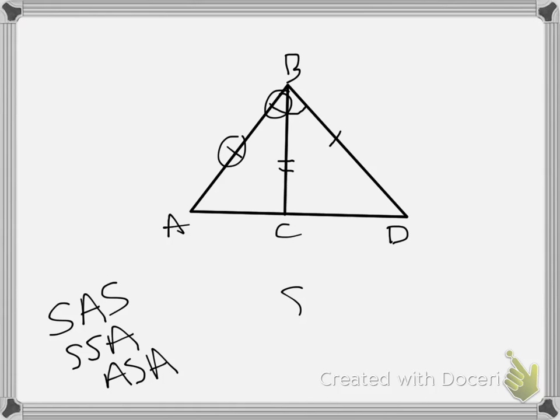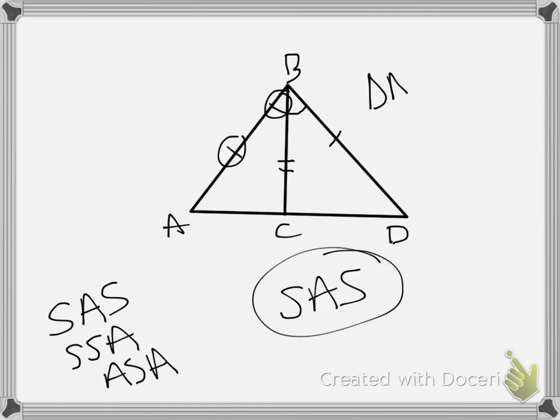So now side, angle, side is what proves that my triangles are congruent. So I could say triangle ABC is congruent to triangle DBC, because A is in the same spot as D, because their angles are congruent. B is in the same spot as B, and C is in the same spot as C.